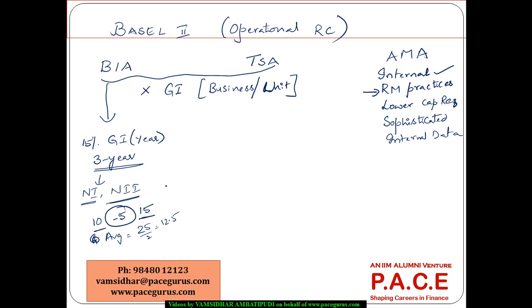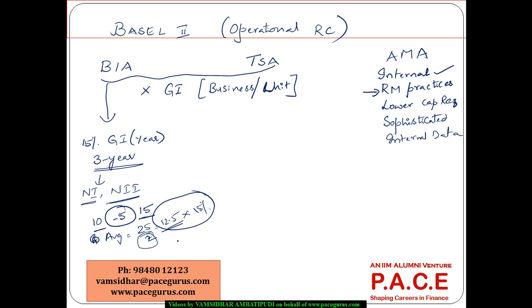I'll not consider this negative here. So, and even divide it only by 2, not by 3. So on this 12.5 million, I'm going to compute the 15%. This is what is being suggested by a basic indicator approach. Straightforward. Only annual positive gross income over the last 3 years. And I am dividing also while taking the average number of years over which the gross income is positive.